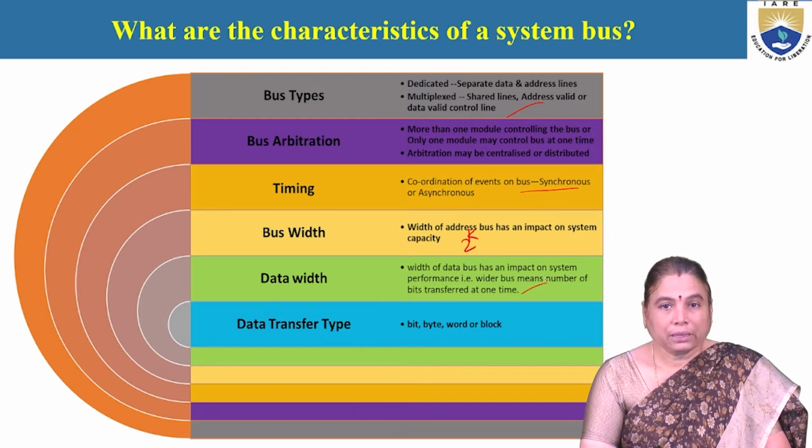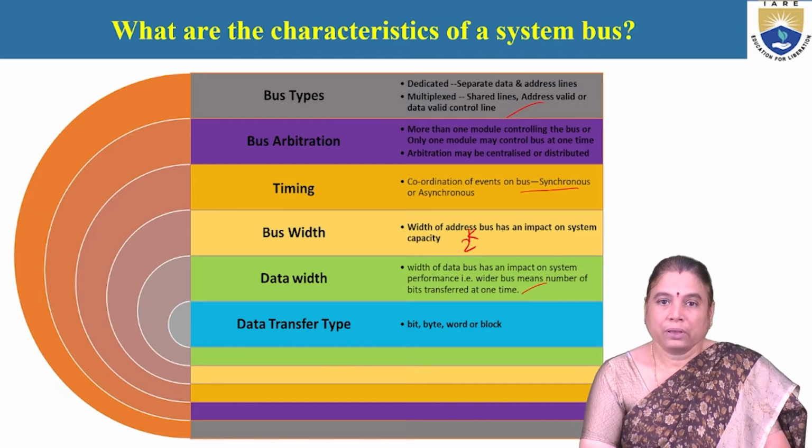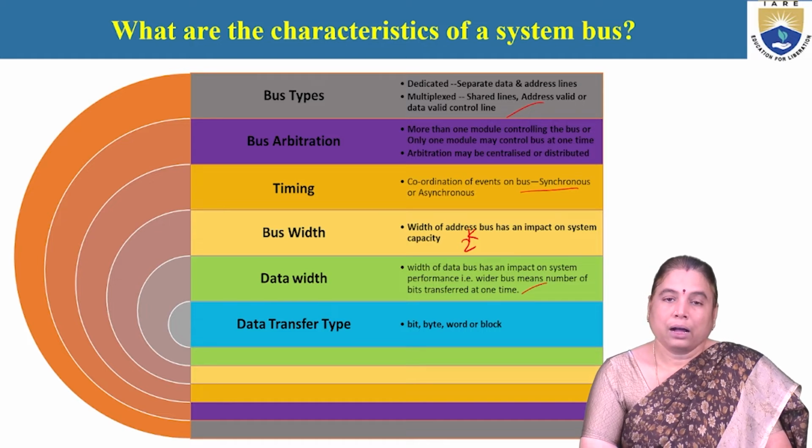So, the data width can determine the word length of the system, that is, how many bits per word, which in turn affects the system performance. These words can be transmitted at a time, so the data width has a major effect on the performance of the system.